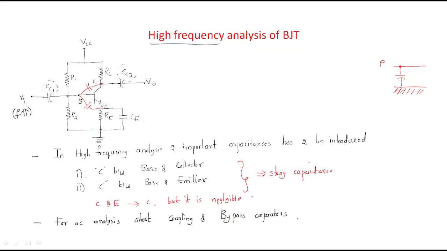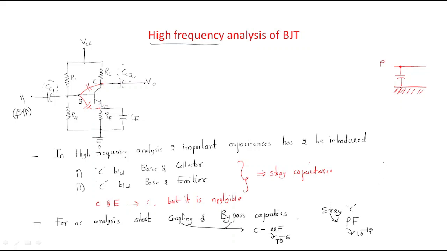What is the reason the stray capacitances stay? The coupling and bypass capacitors have values in microfarads, but the stray capacitors have values in picofarads. Picofarad is 10 power minus 12, microfarad is 10 power minus 6. That's why this affects more.